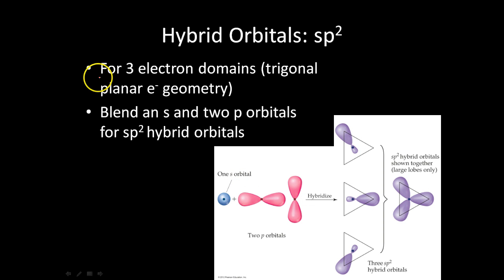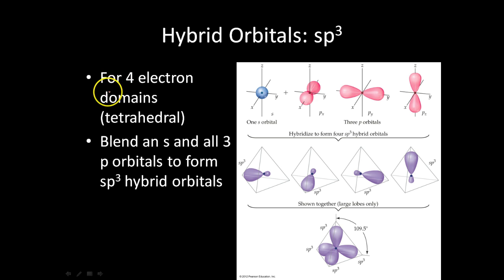So if something has 3 electron domains around it, that means it has a trigonal planar electron geometry. What you have to do in order to get that sort of geometry is blend one of the s orbitals with two of the p orbitals. And if you blend one s and two p orbitals, you get three sp2 hybridized orbitals.